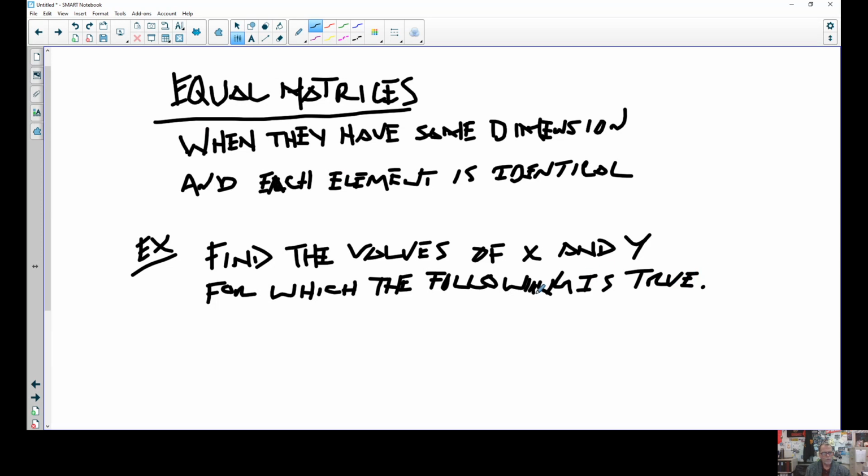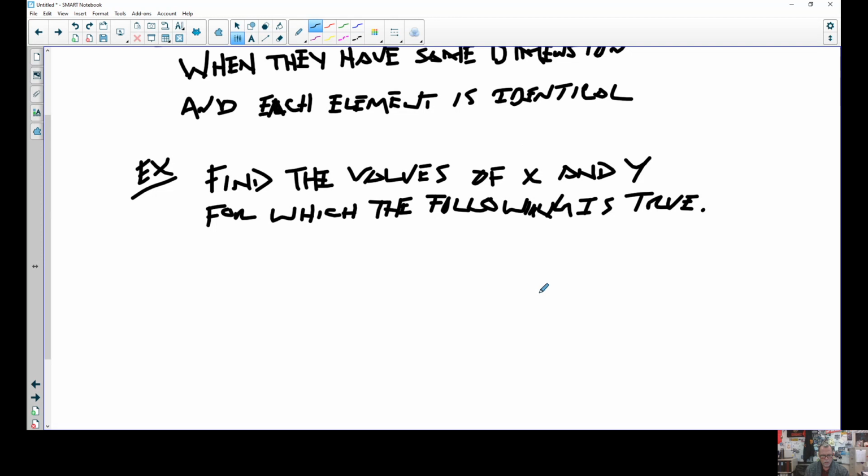All right, and then they're going to give you something like this. Let's see, we'll do this one. We're going to do y plus 4 and y. That's supposed to be a 4. I want that to be clear. And then that is equal to x minus 1 and 3x.